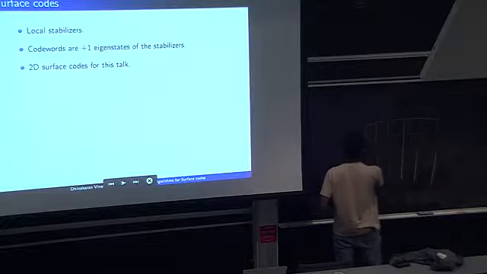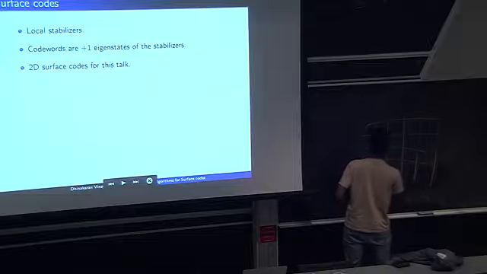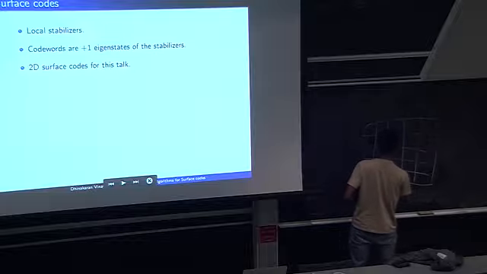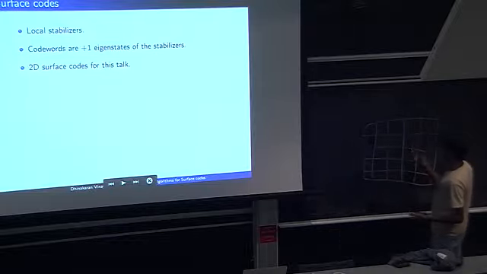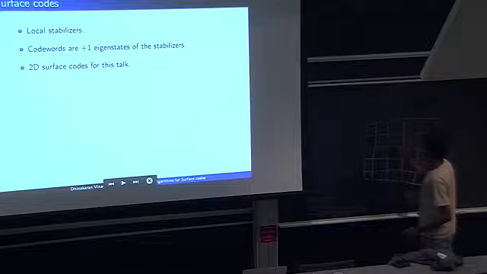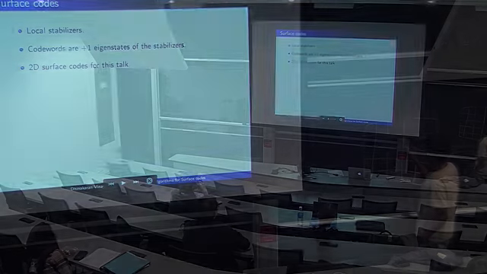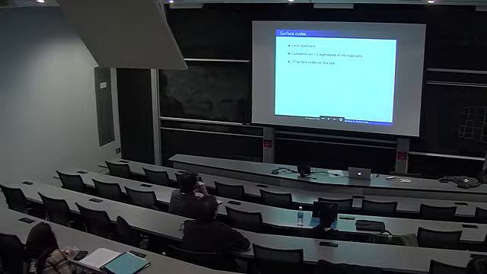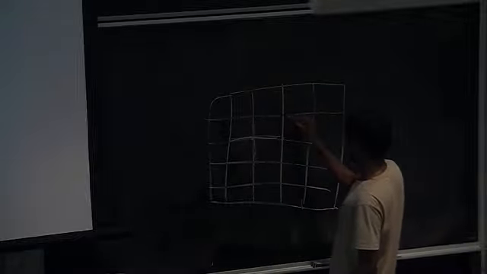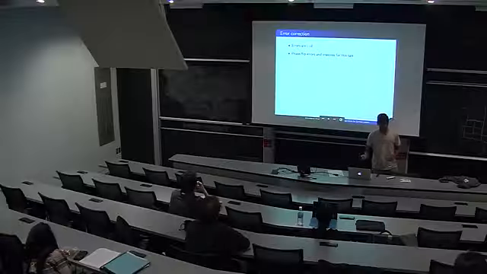I will have a 2D toric code example where the qubits are on all the edges. Let's also say there are no boundaries. The X stabilizers are, say, the vertices, and the Z stabilizers are measuring the plaquettes, as we did in the class.